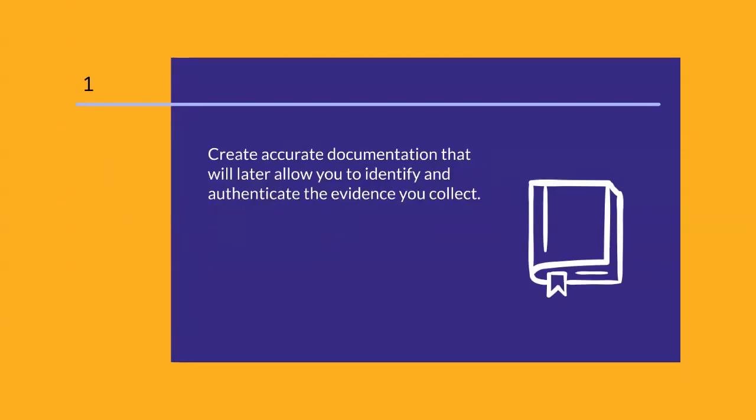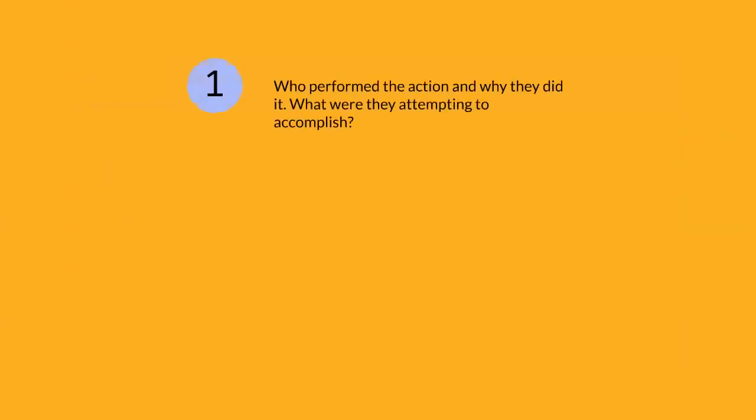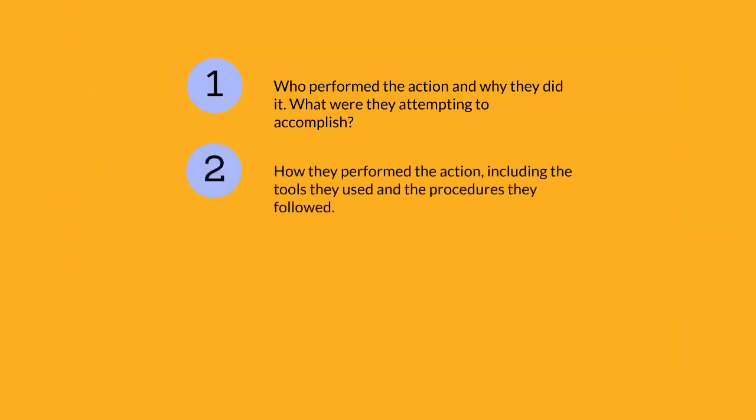Key to a successful investigation is proper documentation, including information such as the following: who performed the action and why they did it, what they were attempting to accomplish, how they performed the action, including the tools they used and the procedures they followed, and when they performed the action, date and time, and the results.